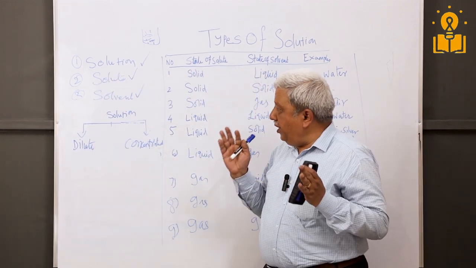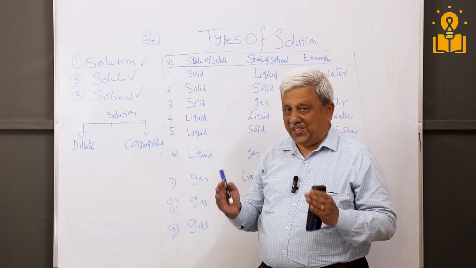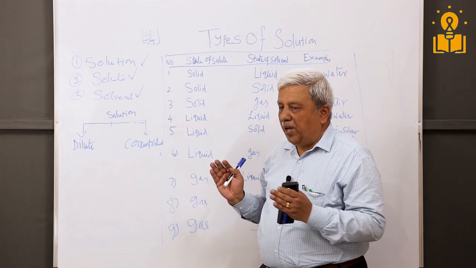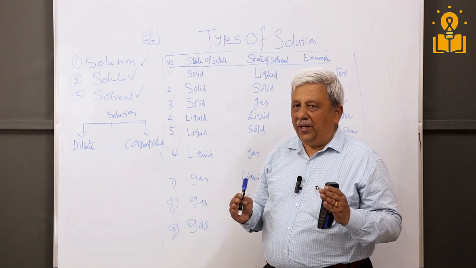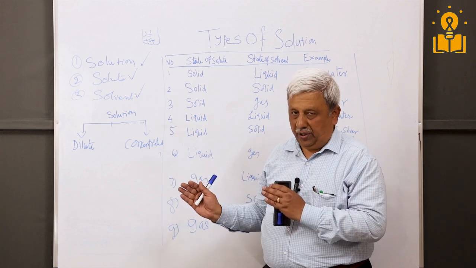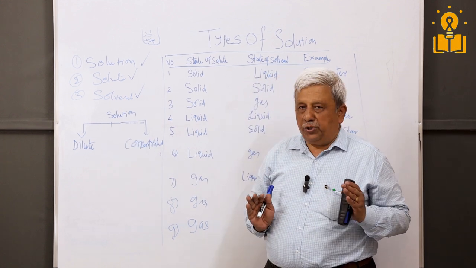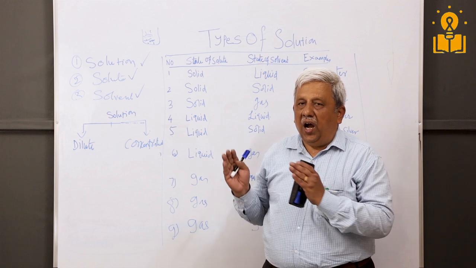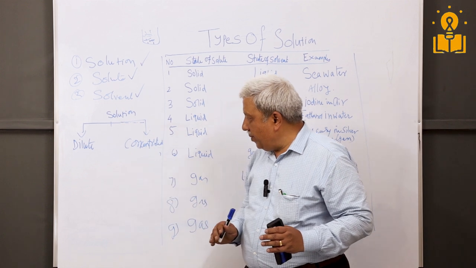Dilute means a solution in which the amount of solute is less as compared to the solvent. For example, 1 milligram of salt in 100 ml of water is a dilute solution. Or 1 ml of hydrochloric acid dissolved in 100 ml of water is also a dilute solution.